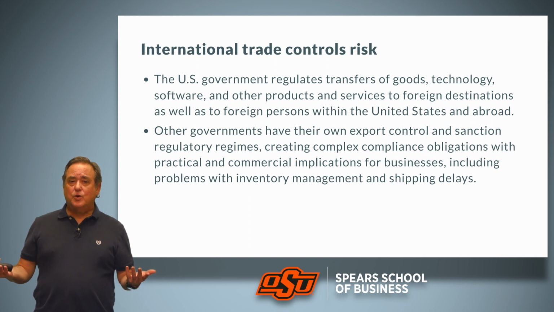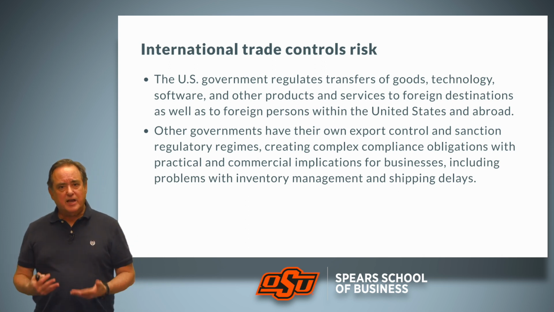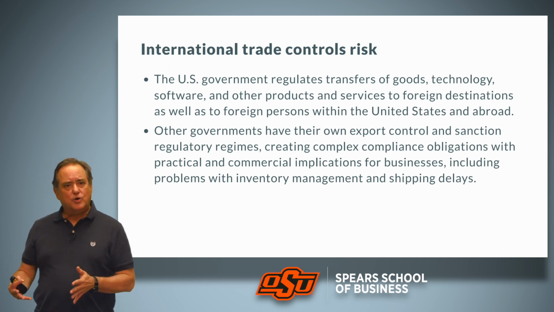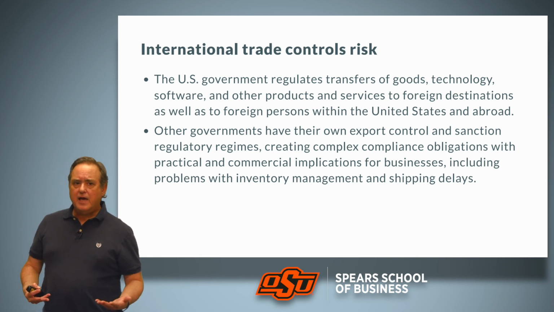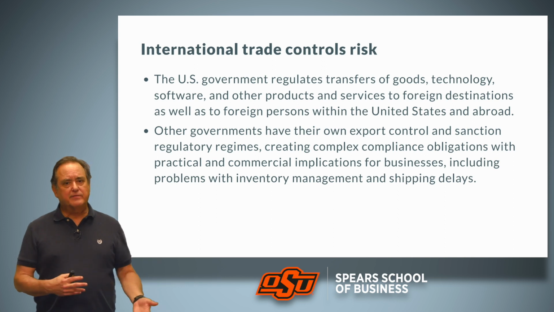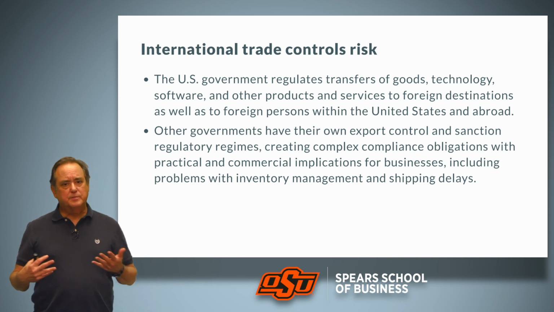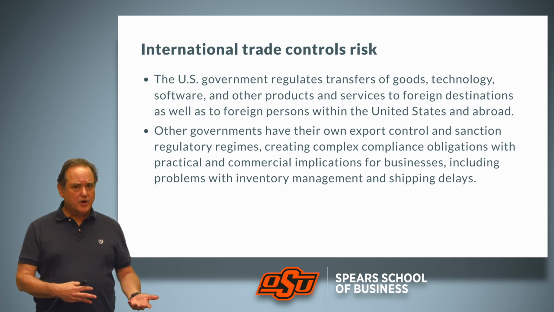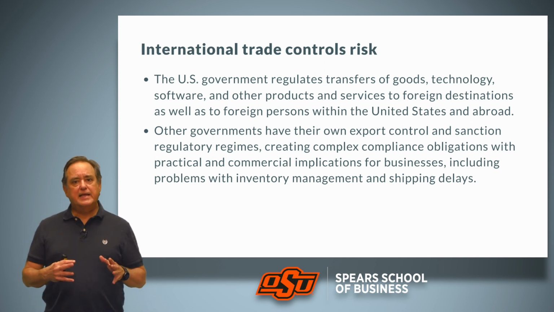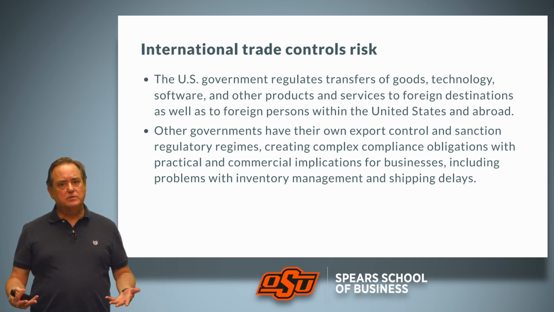International trade controls risk. Sometimes governments have export control and sanctions regimes. We've seen a lot of this in recent years arising out of the military operation between Russia and Ukraine. The United States has imposed sanctions.